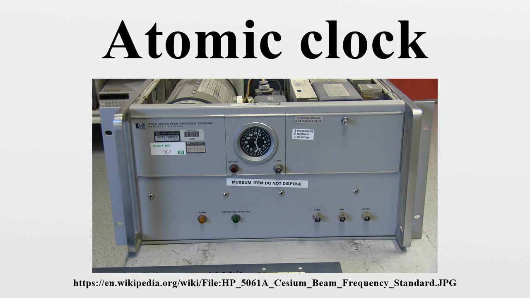The first accurate atomic clock, a cesium standard based on a certain transition of the cesium-133 atom, was built by Louis Essen and Jack Parry in 1955 at the National Physical Laboratory in the UK. Calibration of the cesium standard atomic clock was carried out by the use of the astronomical time scale ephemeris time.